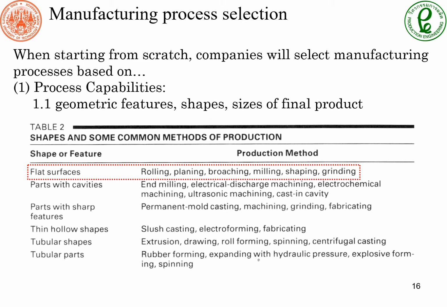As we study more manufacturing processes, we will know intuitively which process can create certain geometric features. For example, if you want to make a flat surface, we can consider rolling, planing, broaching, milling, shaping, and grinding. To select which process fits best for our product, we need to look at overall product shapes and sizes.